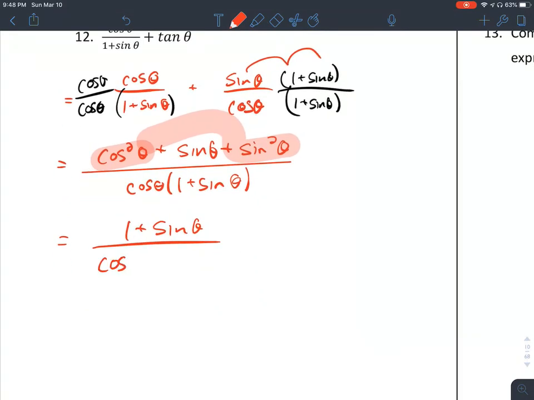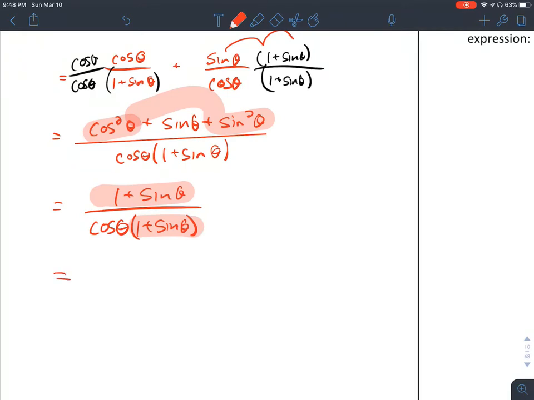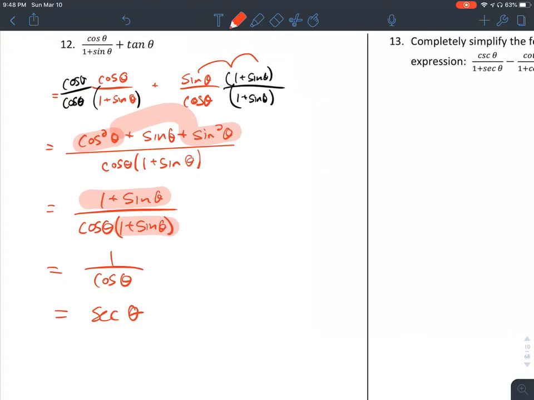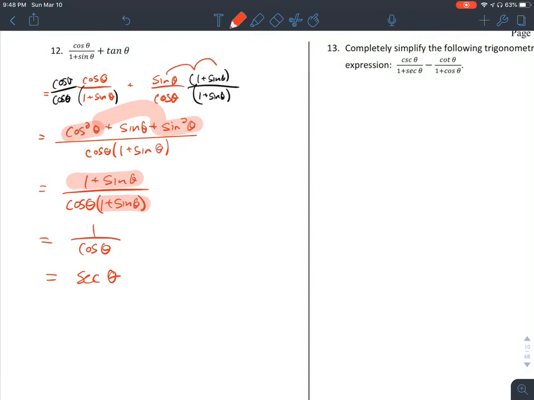My denominator has a similar factor of 1 plus sine of theta. This is the entire top, and this is a factor on the bottom. We can cancel those and get 1 over cosine of theta. And the direction said, leave your answer in terms of one trig function. So we're going to leave that as secant of theta.